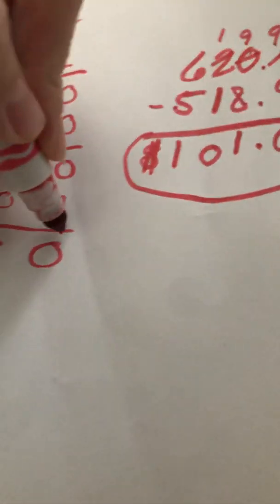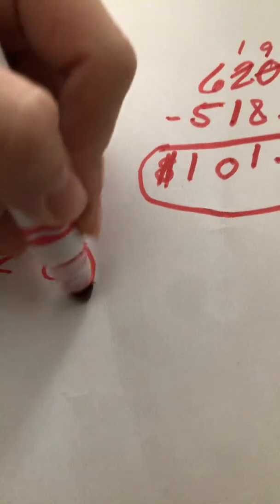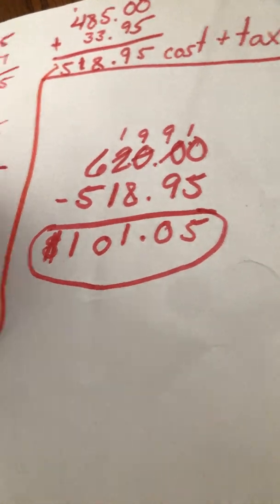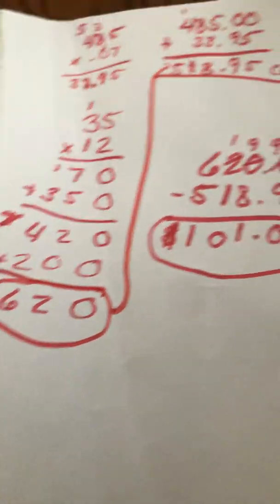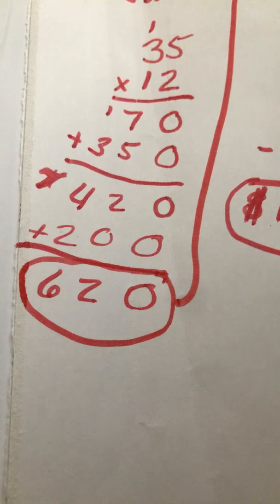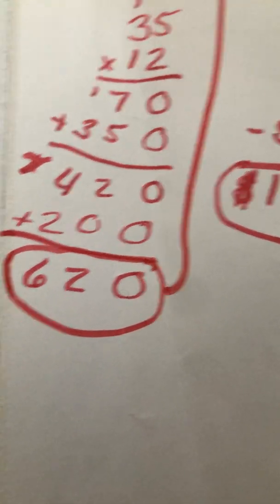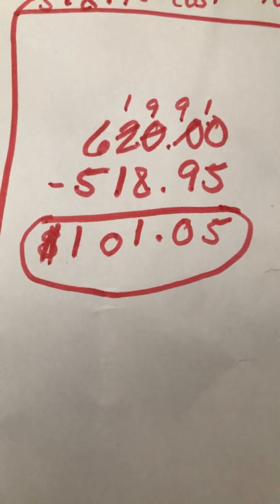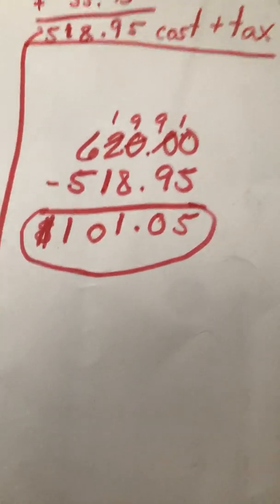Then you take how much you pay per month for how many months, plus your down payment, and you subtract your total cost with tax from that to get your total interest paid.